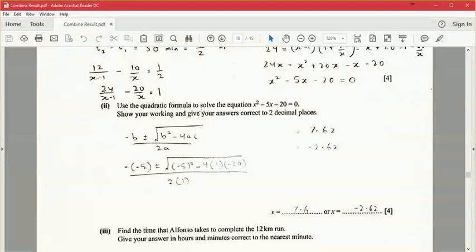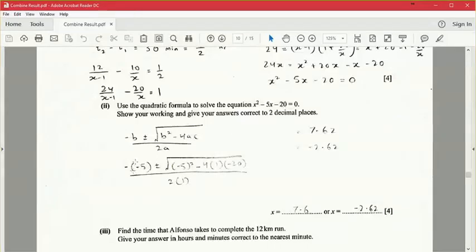Then use the quadratic formula to solve the equation. Show your working and give your answers correct to 2 decimal places. So we'll only use the equation. It's very easy actually. Minus b plus or minus, remember to use plus and minus, square root of b squared minus 4ac, over 2a. b will be negative 5, and a is 1, and c is minus 20.